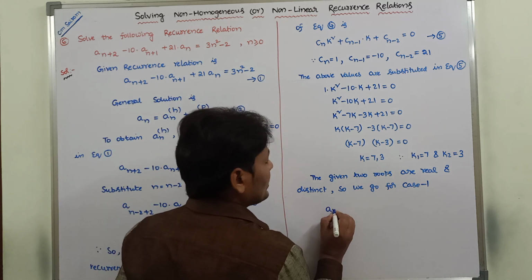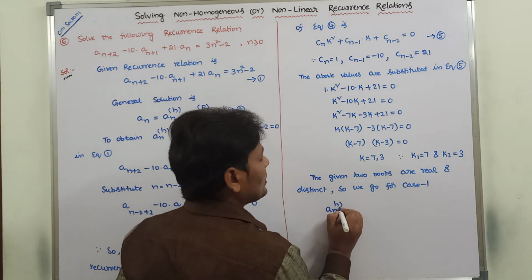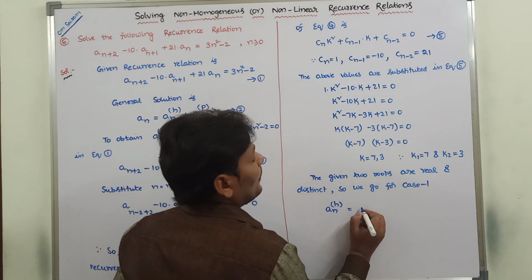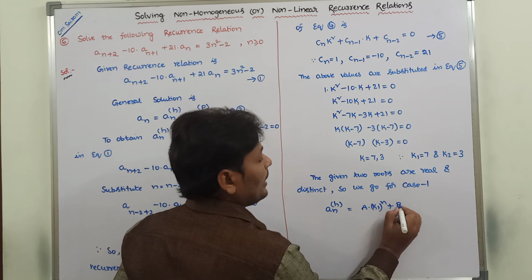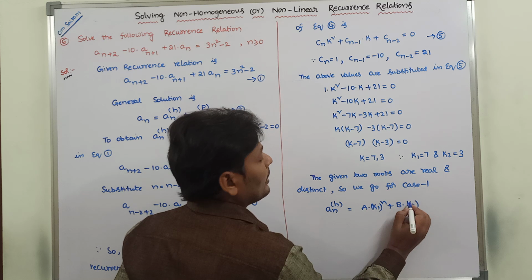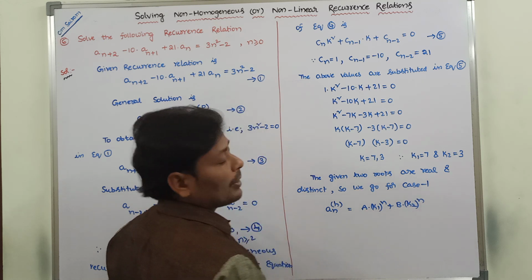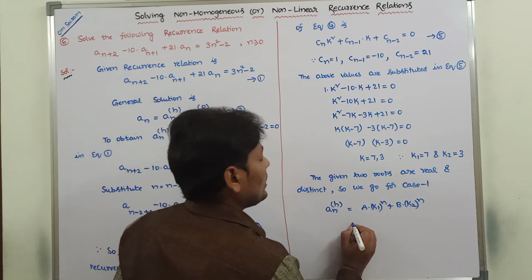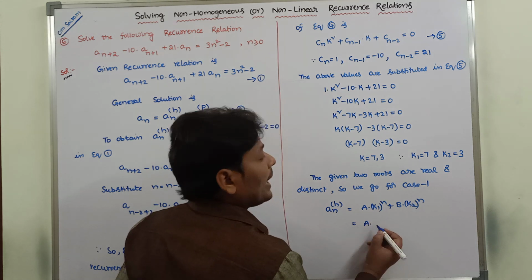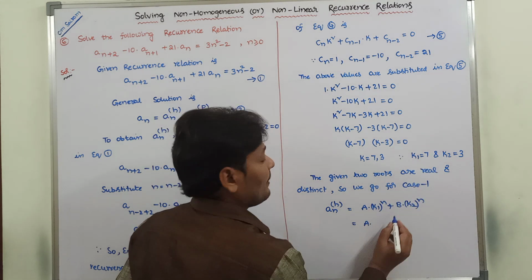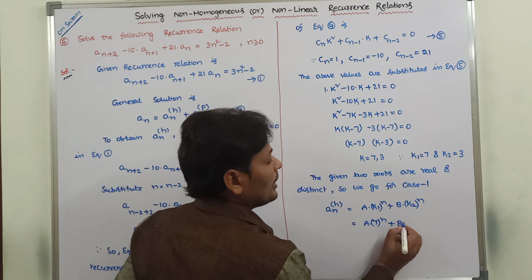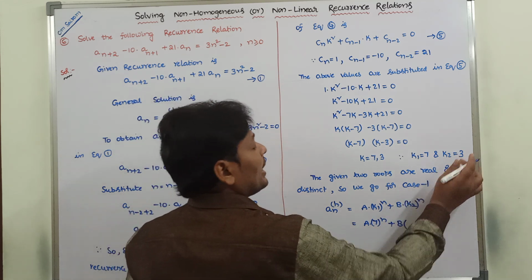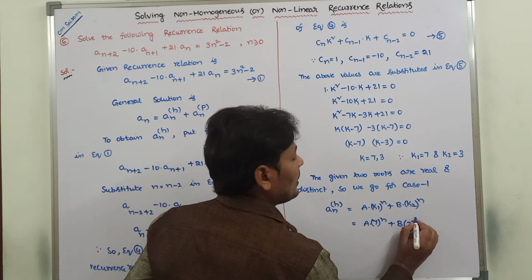So a suffix n power h is equal to a into k1 power n plus b into k2 power n. So here a into k1 value is 7, so 7 power n plus b into what is k2 value? k2 value is 3 power n.